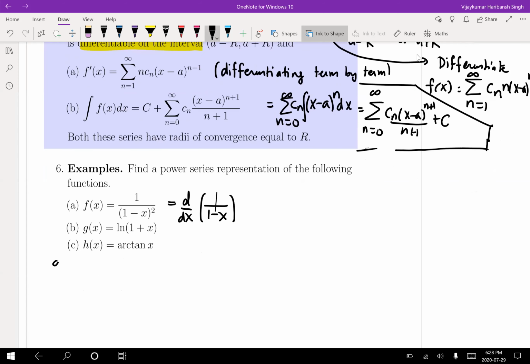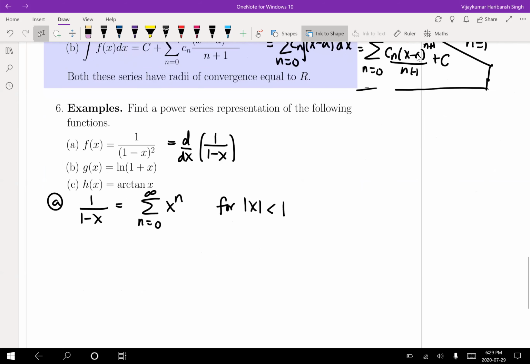So we know that 1 upon 1 minus x is summation n equals 0 to infinity x to the power n, and this is valid for absolute value of x less than 1.